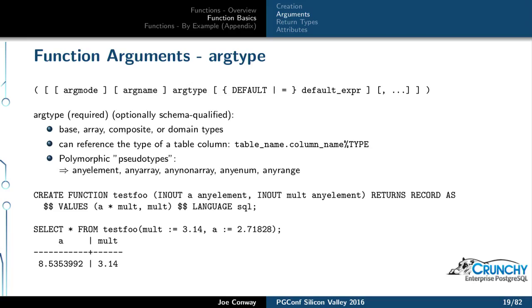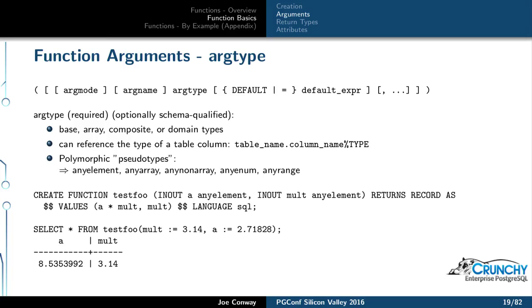Is anyone not familiar with these polymorphic types in Postgres? A few people? So the basic idea here is that when you're creating a function, if you use one or more of these polymorphic types in the argument list and potentially in the return type, they have to be self-consistent.